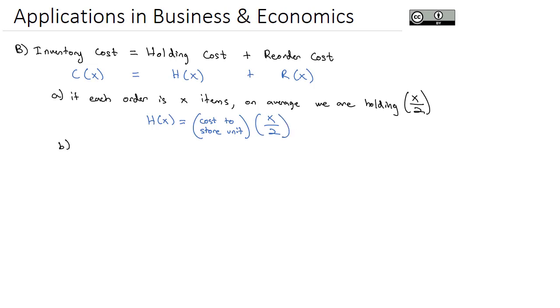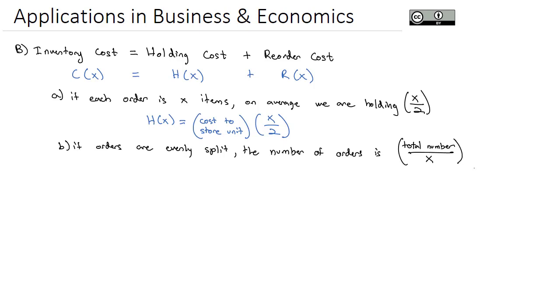And if orders are evenly split, the number of orders is the total number of things that we're ordering divided by the number of items.